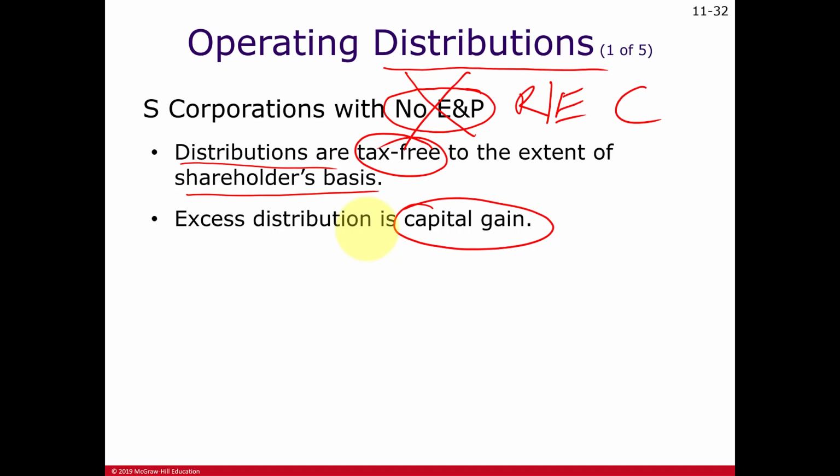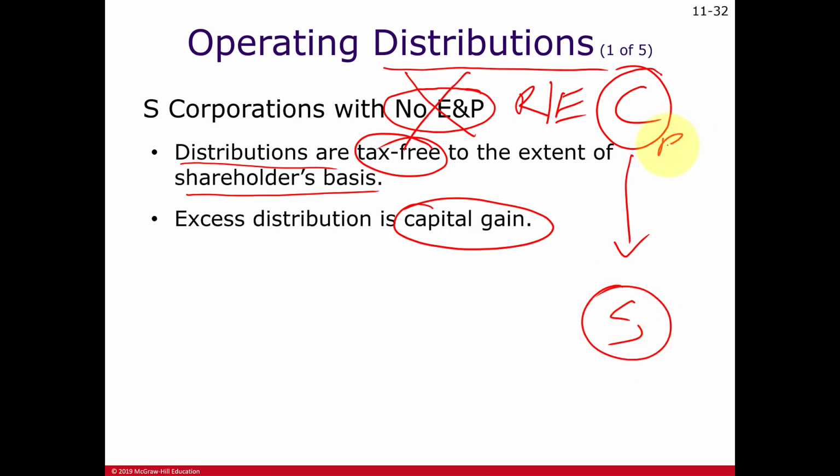Again, the key thing here is if you start off as a C corporation and you convert to an S-type corporation, any earnings and profits, let's call it retained earnings, while you are here as a C corporation, will carry over as S corporation retained earnings.